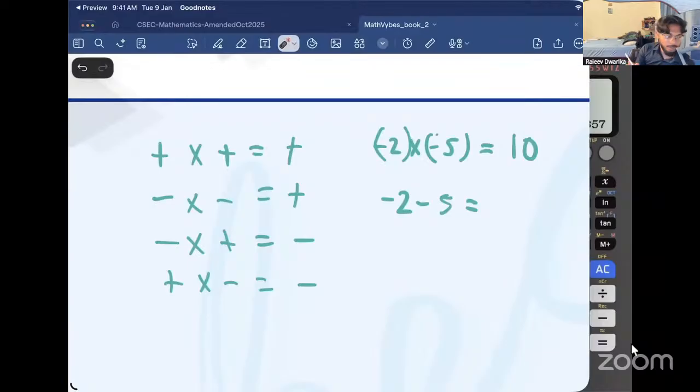Would it not be 7? That'll be minus 7. Yes, minus 7. So I hope you understand. If you're multiplying, these rules apply. However, if you're adding or subtracting and there's no multiplication, that rule doesn't apply. Okay, thank you, sir.